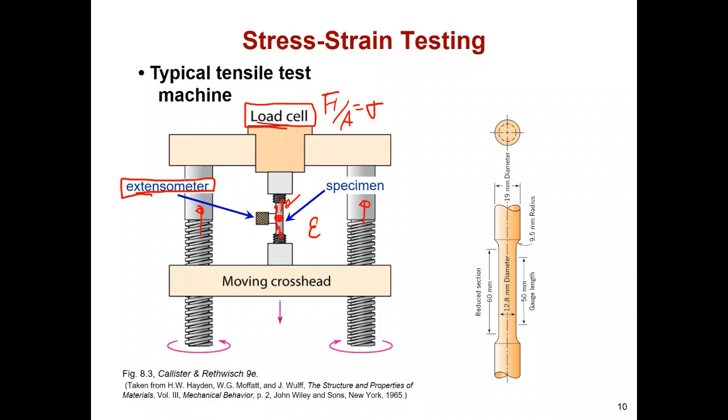Usually they have large radii, and the center part of the specimen has a smaller diameter than the outer part. ASME, or I forgot the American standard, defines the standard specimen for those kinds of tensile tests.